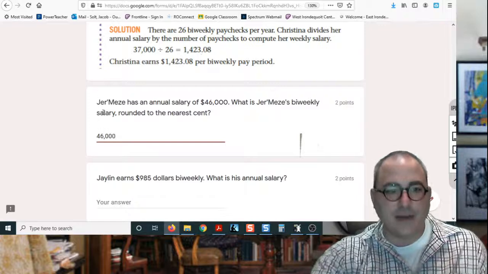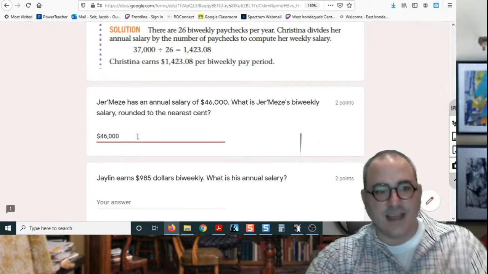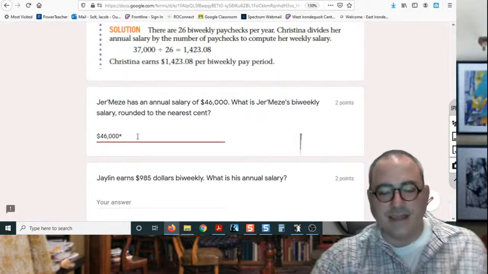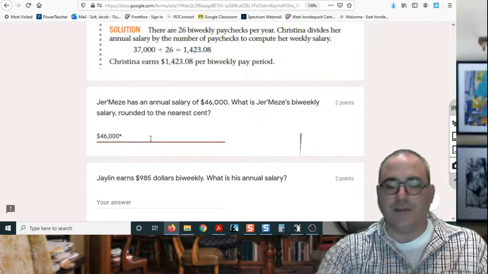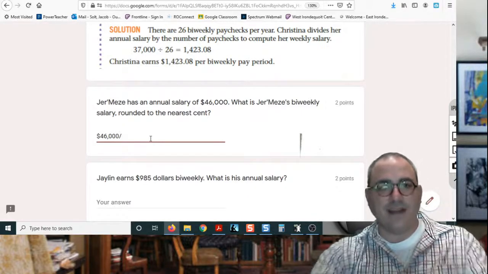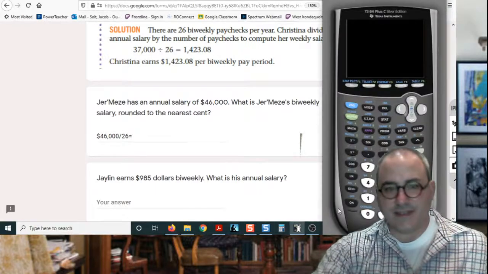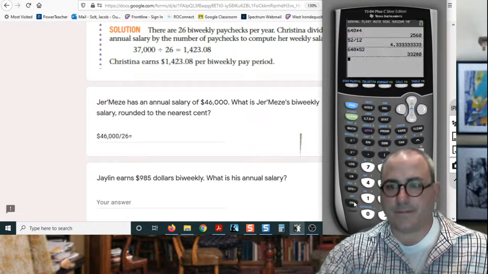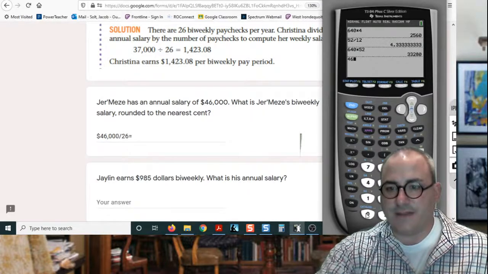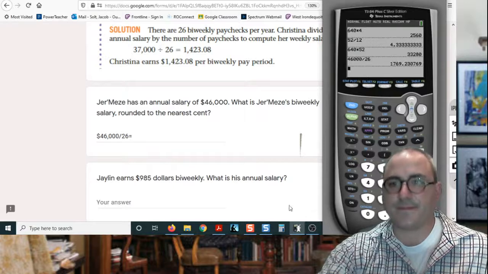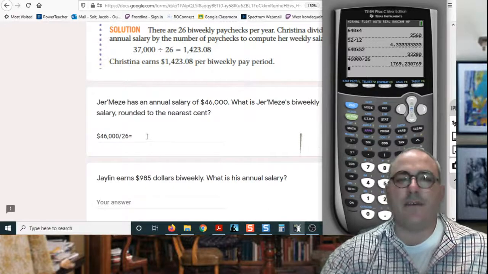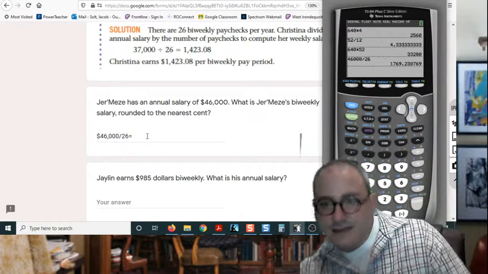There's my 46,000. Dollar signs when we're working with money tell us the units. Oh, I put a multiplication. That's not what I wanted. I wanted divide by 26. I'll need the calculator for this. 46,000 divided by 26 gives me $1,769.23.